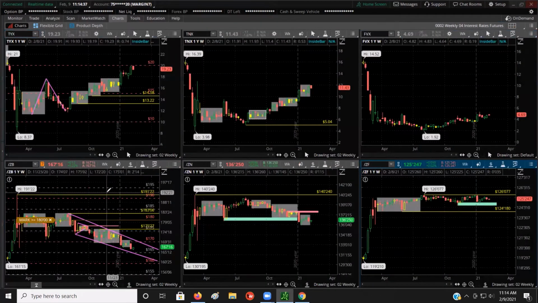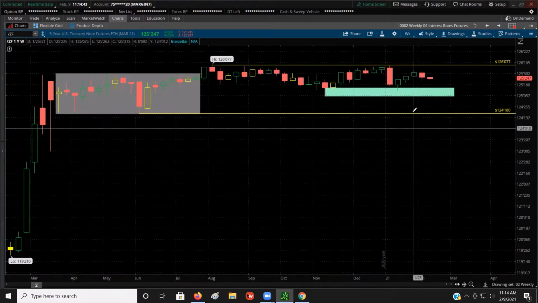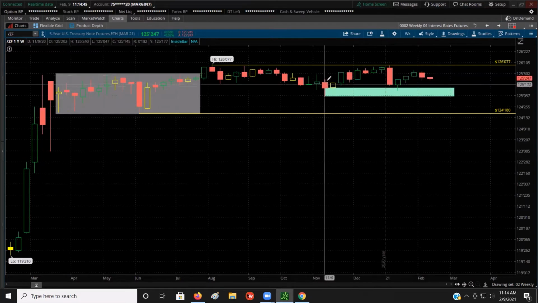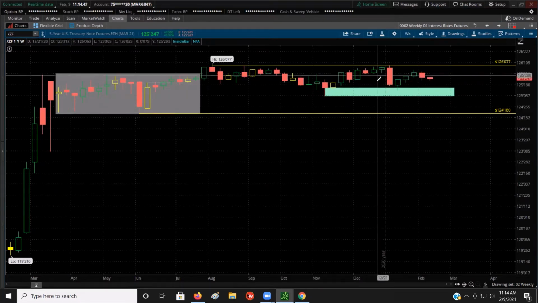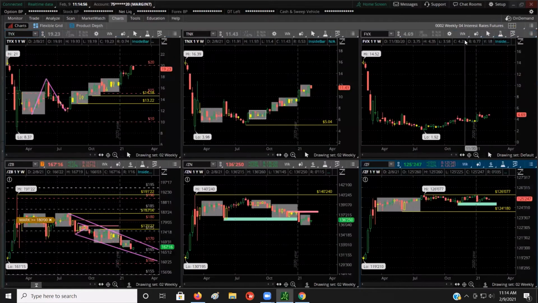Well, this one and this one, the momentum still has been lower low. And this has been different. So keep an eye on what's going to happen in the weeks ahead. Are we going to finally break out of this? That's going to have a huge effect on stocks and currencies.